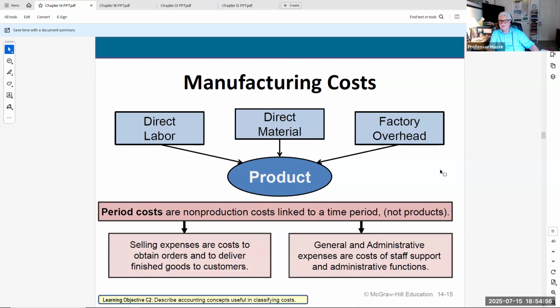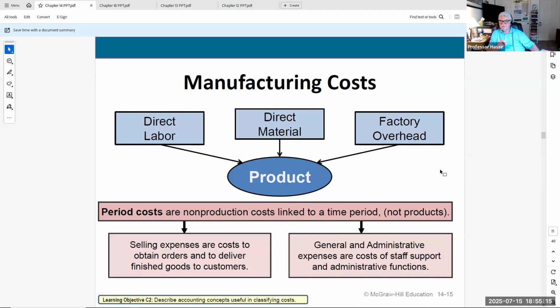I am considered a period cost, a G&A expense. If I sell the product to customers as a salesperson, or work in advertising, I'm a period cost.